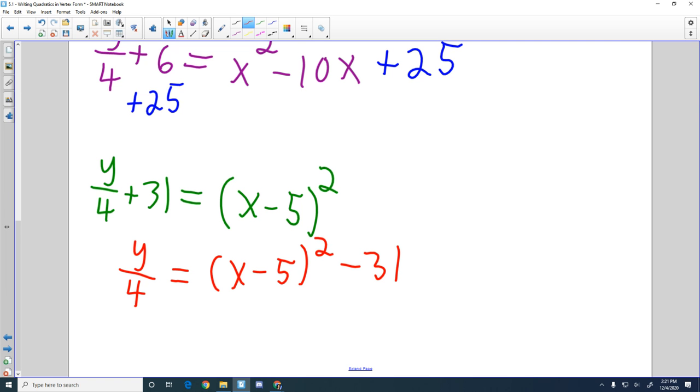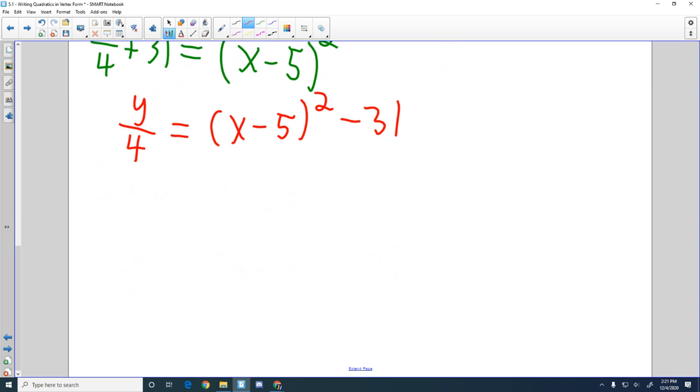So on the right side, we subtracted 31. I still have a 4 over there, y divided by 4. I need to get the y by itself. And so the opposite of dividing by 4 is multiplying by 4, and that'll cancel out. But here's where you have to be careful. I actually have 2 different terms on the right side, so they both need to be multiplied by 4.